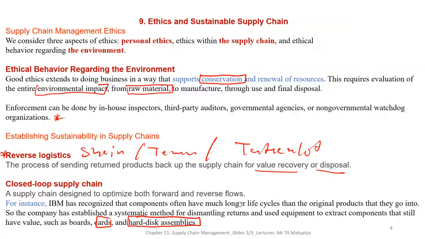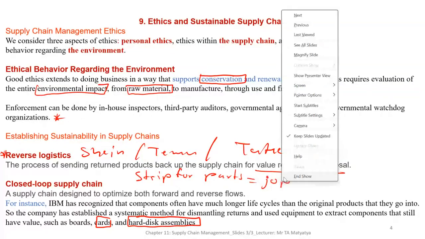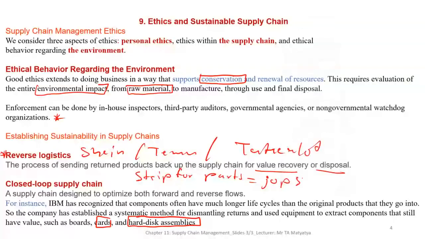So when a car reaches its end life cycle, you would find that we strip it. We strip it for parts. And obviously, they say chop. Chop shop. Then you have your likes of your chop shops in Joburg.